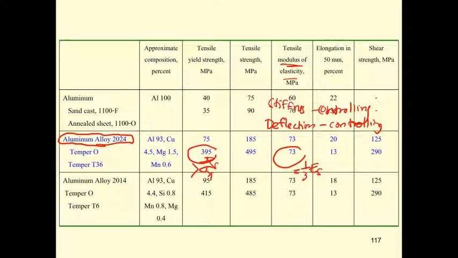So you need to redesign it, and then you get a larger section. This is very close to timber, which has a lower tensile modulus, and also very similar to fiber reinforced plastic that we will mention later. Okay, that is the end of aluminum.